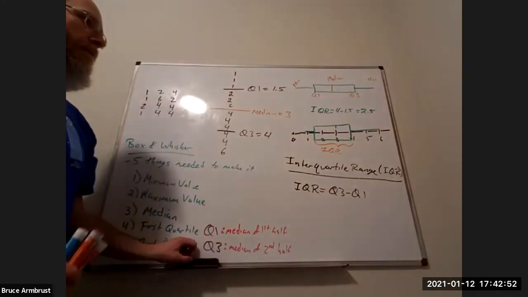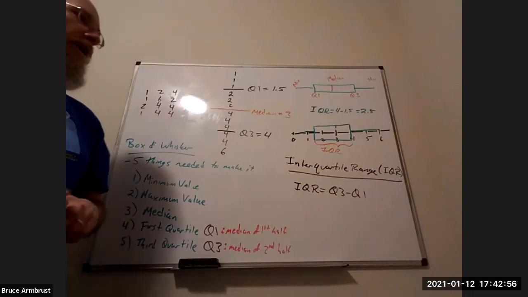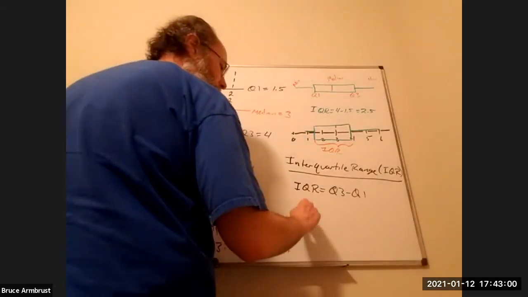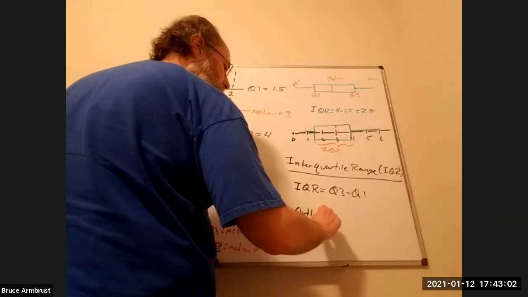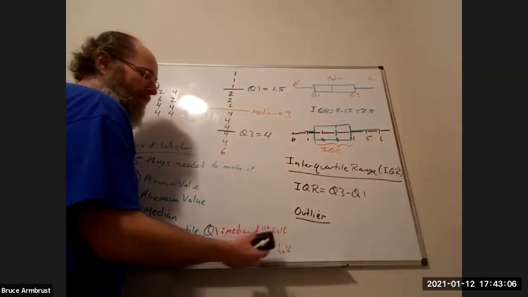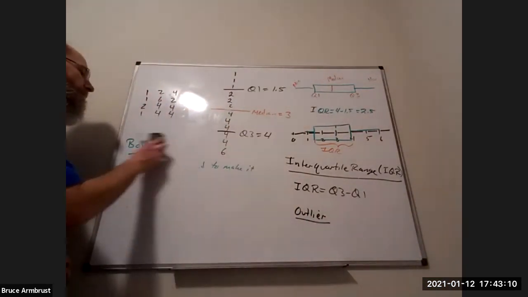Now, with the Inter-Quartile Range, we actually can define outliers. Okay, and this is the definition of an outlier. We already know outlier means it's something that's kind of far away from the rest of the data.